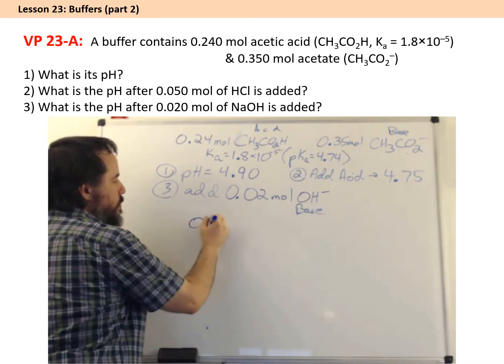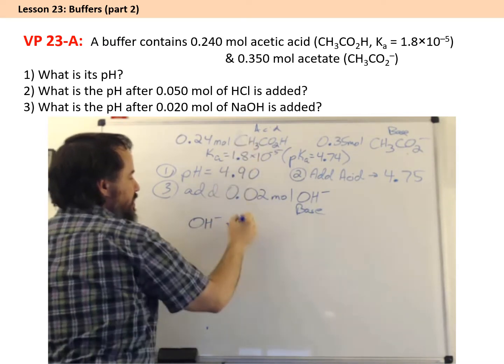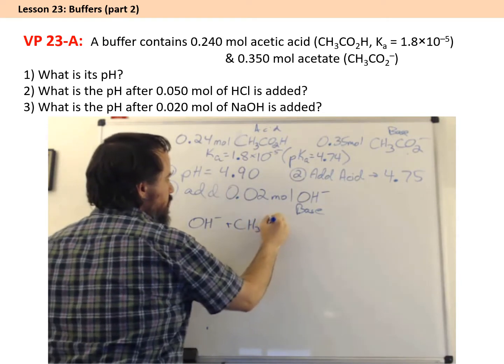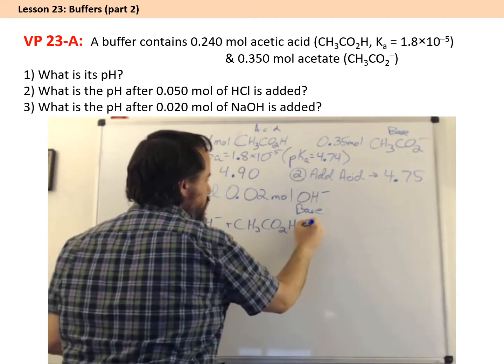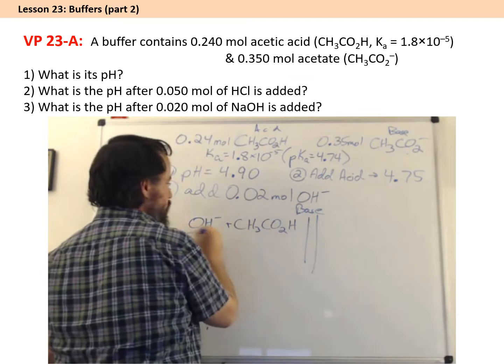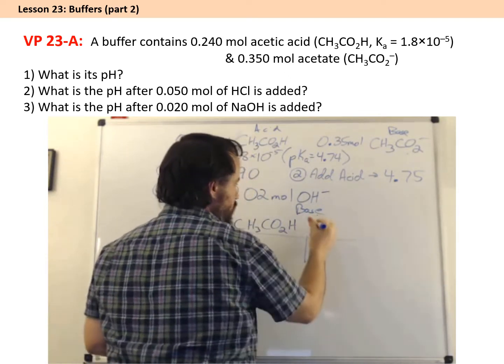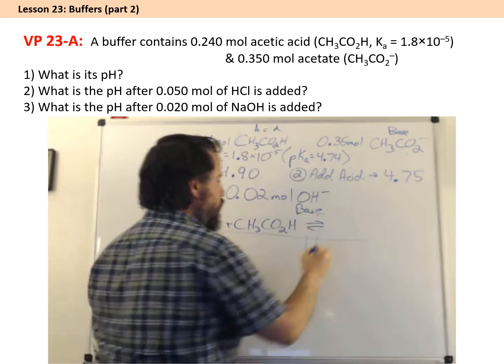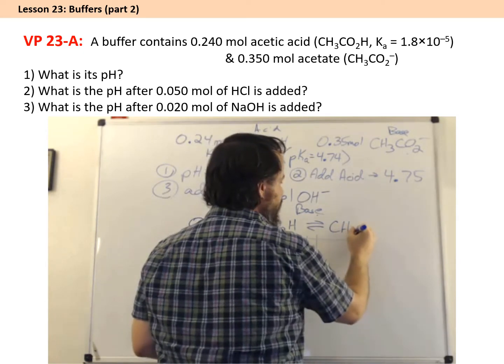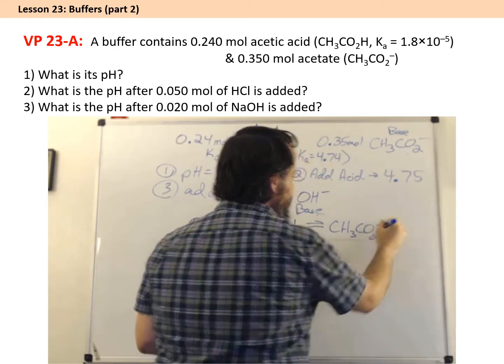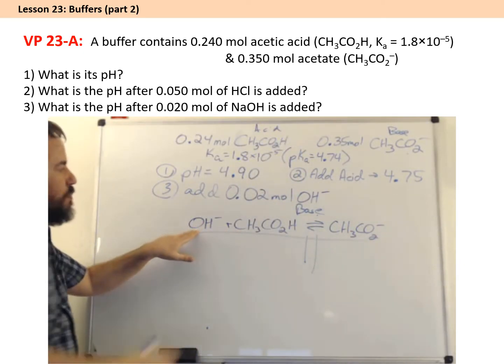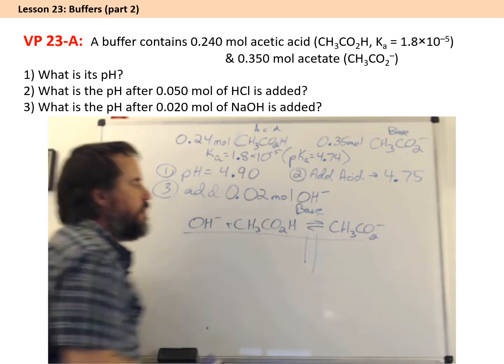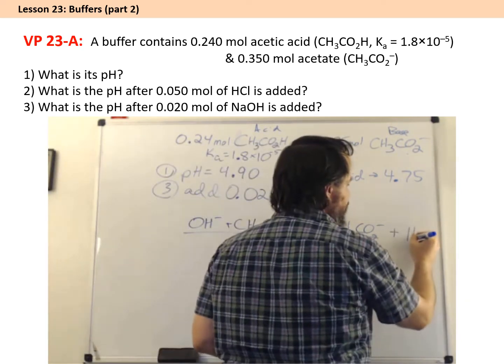So I have OH minus plus CH3CO2H going to form CH3CO2 minus. Why? Because this OH minus is going to strip an H plus from here, and that's going to produce H2O.